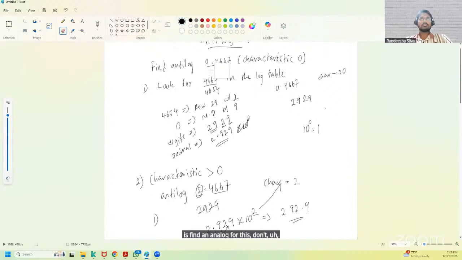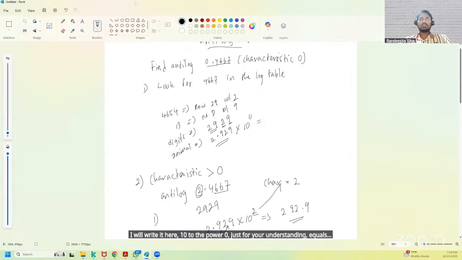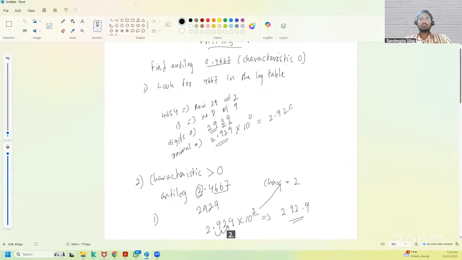Do not write these underlines. Just write it as if the characteristic is 0. Okay, write down these two. I will write it here, 10 to the power 0, just for your understanding, equals 2.929.